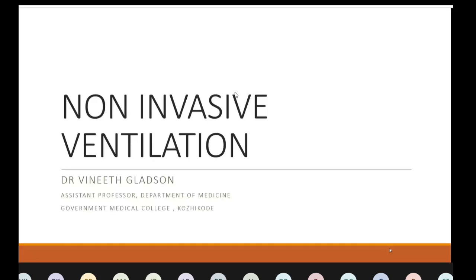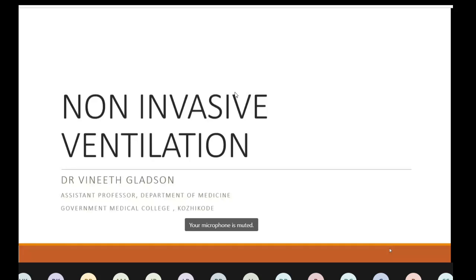Remdesivir showed some improvement, a 4-day earlier improvement, but still did not show any mortality benefit. So we really do not have solid data to tell us that antivirals will help us in saving this patient or improving mortality.